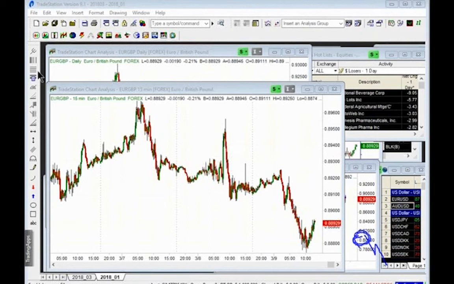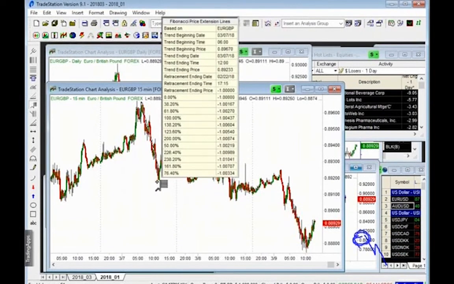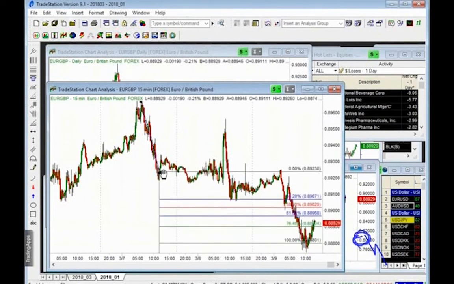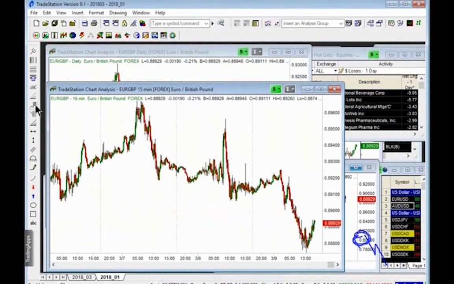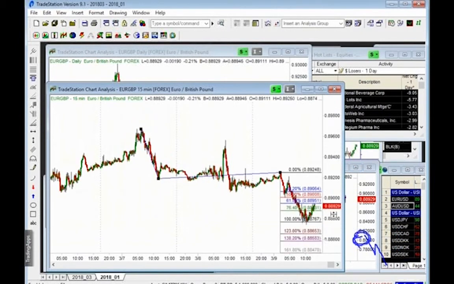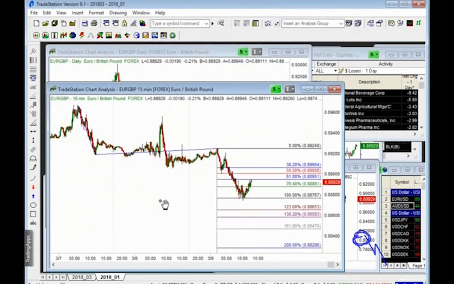If I go and add the Fibonacci, just so you can see it more clearly, going to that low, let's try again. You can see how well it held that 100% extension.